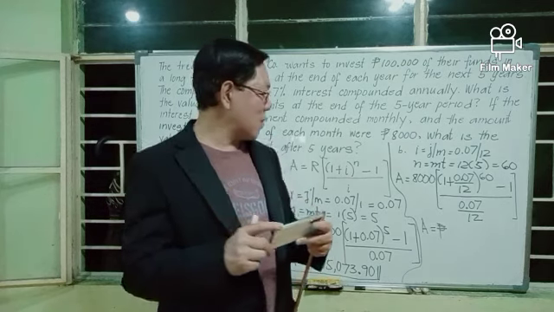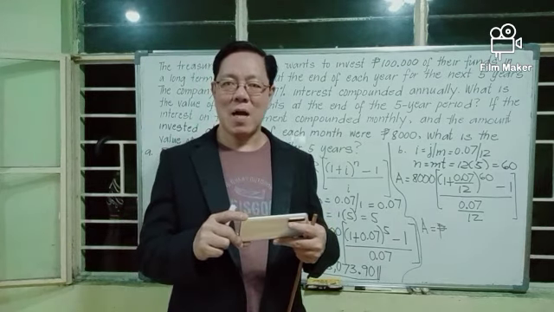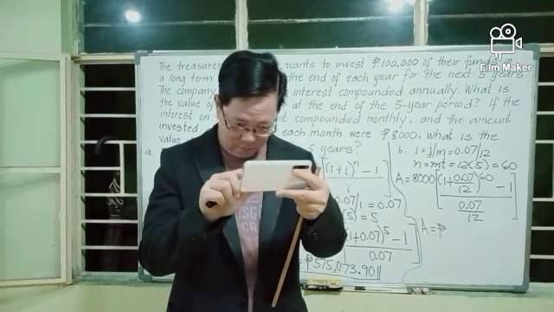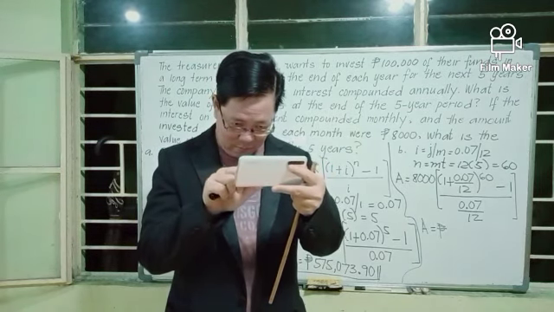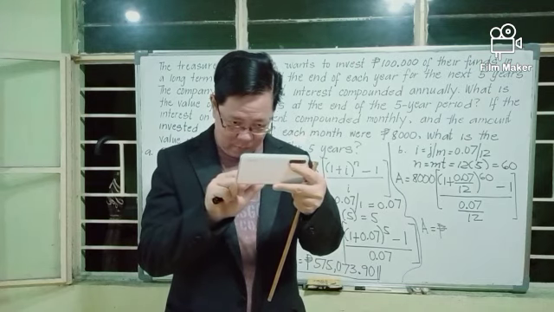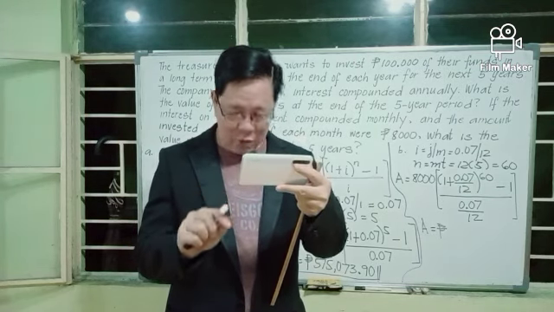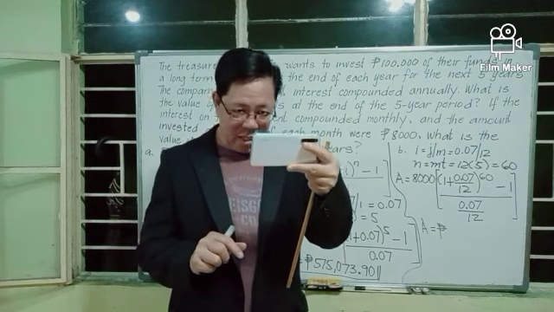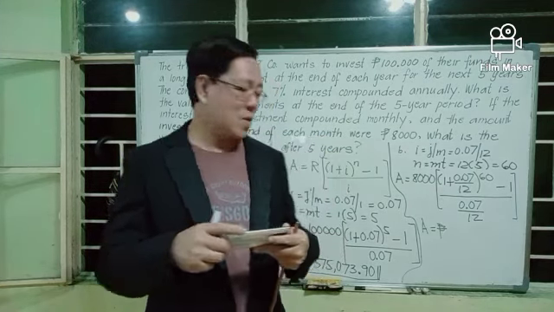That answer in your calculator multiply by 8,000 pesos. And you should get 572,743.21 pesos.